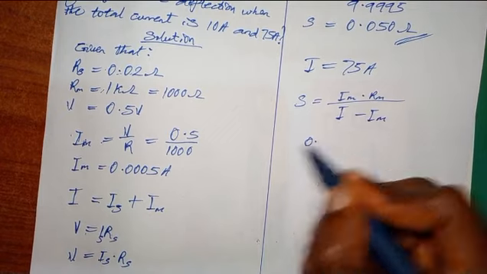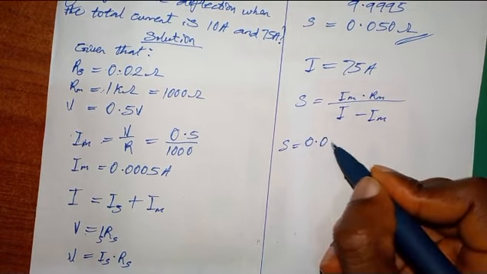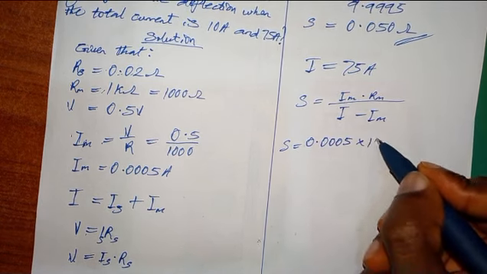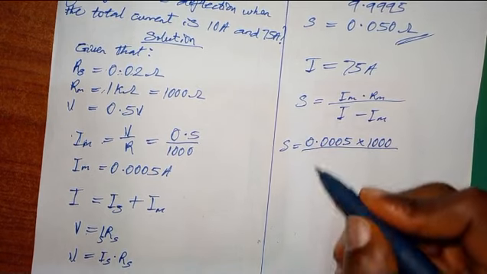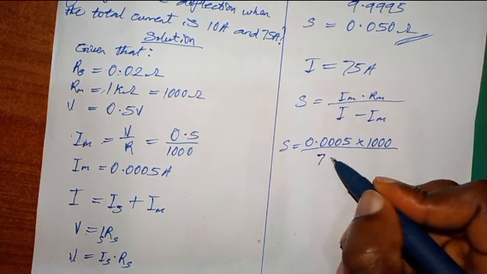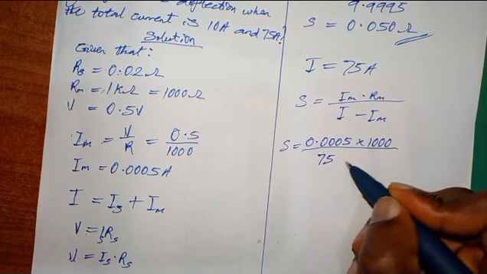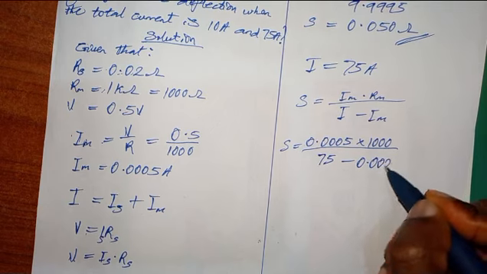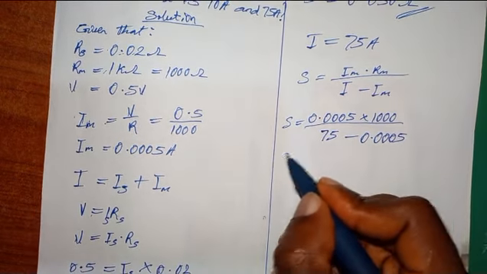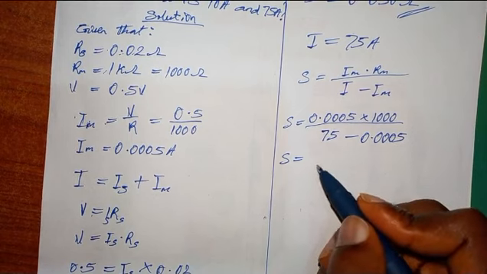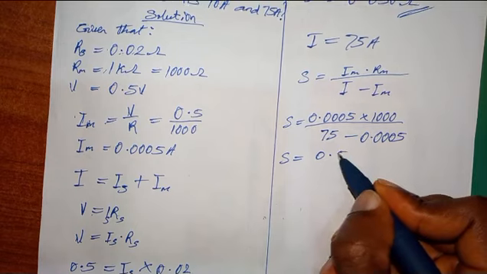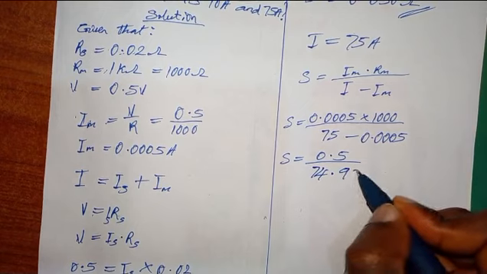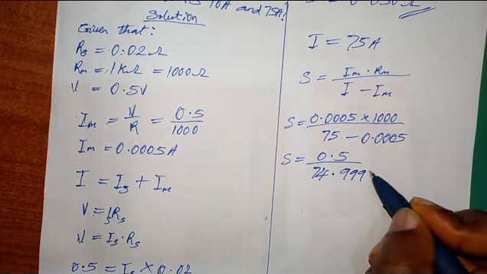So we have Rs is equal to 0.0005 times Rm, given there to be 1000, divided by the I total here, 75 amp, minus the Im, 0.0005. So Rs here will be equals to 0.5 divided by 74.9995.